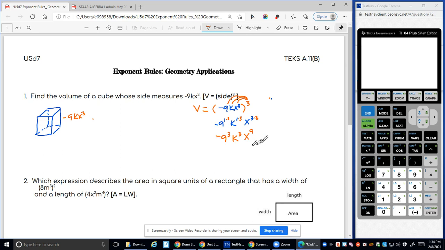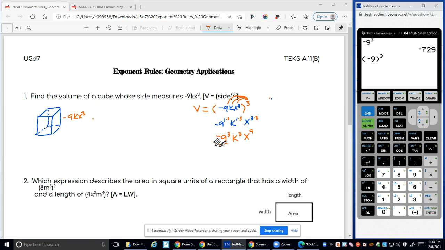You may see the answer like this on your test. I kind of doubt it. I think they're going to simplify this a little further, so we can put that in the calculator. Let me warn you that if you enter it like this, the calculator will straight up lie to you. I hit caret and then 3. Does anybody know what I did wrong? If you said that you need to put parentheses around the negative 9 first, you're absolutely correct.